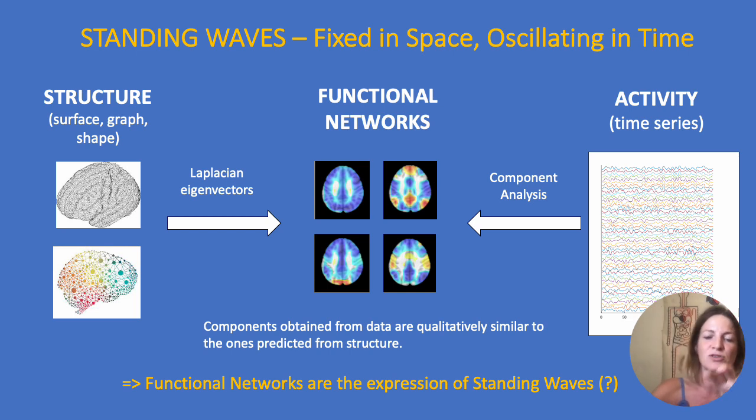So there are different approaches that reveal functional networks as well. And the idea is to see how similar these are, the ones that are predicted from the structure and the ones that are extracted from the time series, to see if there is at least a qualitative similarity between the two that supports this hypothesis that the functional networks that we are detecting, the intrinsic connectivity networks or resting state networks, are indeed the expression of standing waves.